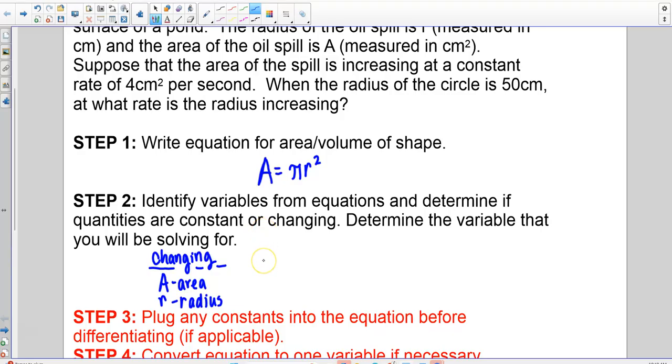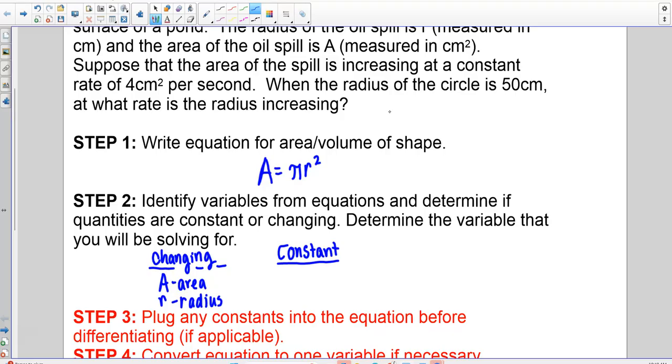So, we do have one thing that is going to be constant. Okay? Because it tells us, suppose that the area of the spill is increasing at a constant rate of 4 centimeters per second.